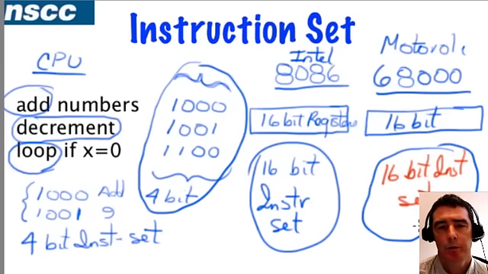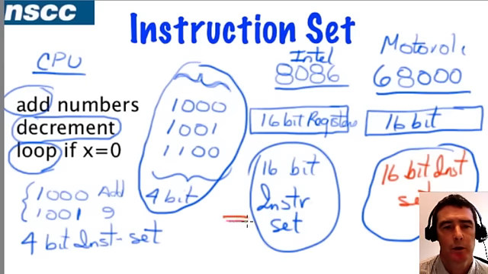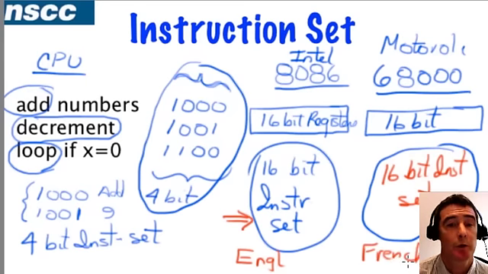But its set used totally different codes. So if you had software that was written using the Intel instruction set, it could not be understood by a 68000 CPU. It's almost like two languages. Like you could think of this being English and this being French, and each CPU is unilingual. So something that is in French cannot be understood by the English CPU, and vice versa.